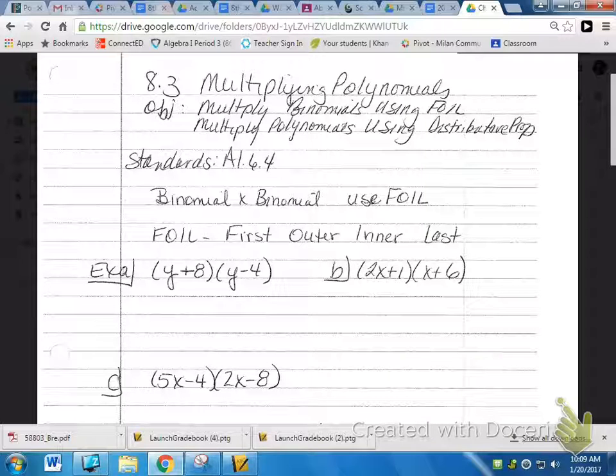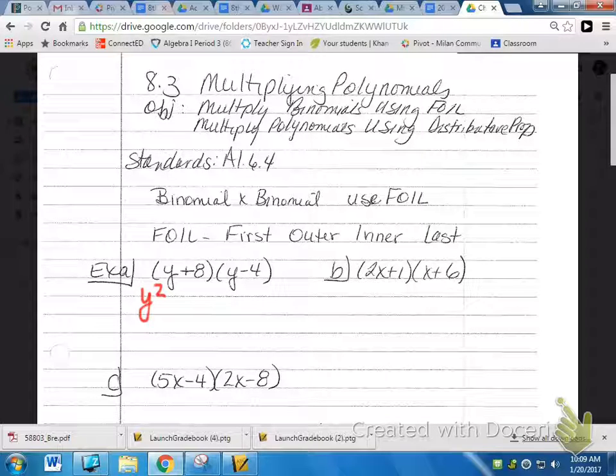If I look at this binomial, y plus 8 times y minus 4, first means that you multiply the first term in each binomial. So y times y is y squared. Next, outer means you look across the problem.